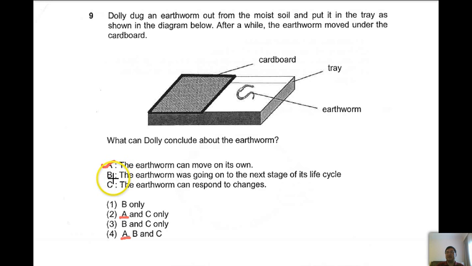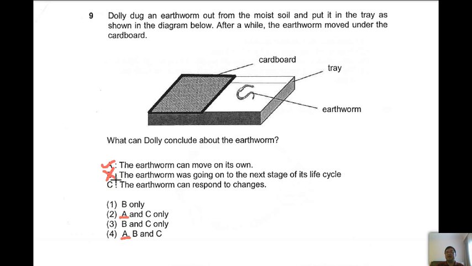Let us take a look at B. The earthworm was going on to the next stage of its life cycle. No, totally nothing to do with the life cycle. It does not move over there to become an adult or to lay eggs. We are not sure. So that's irrelevant, totally out.